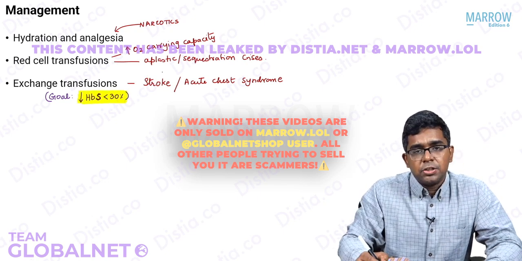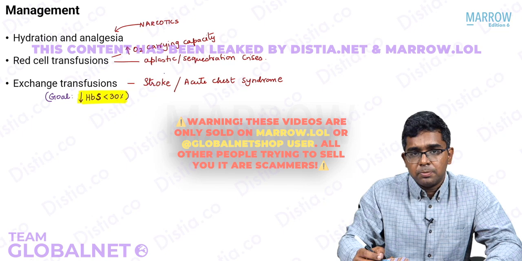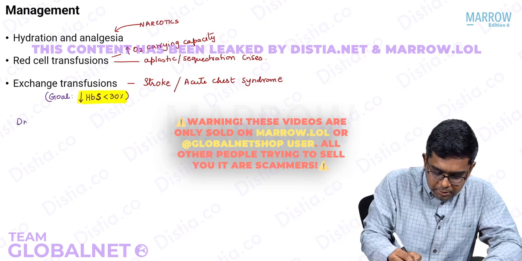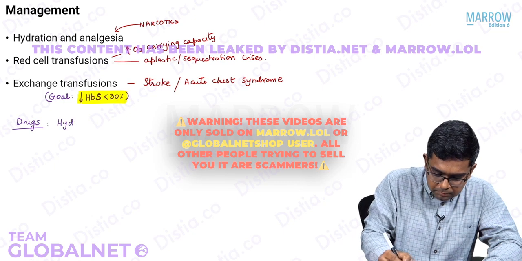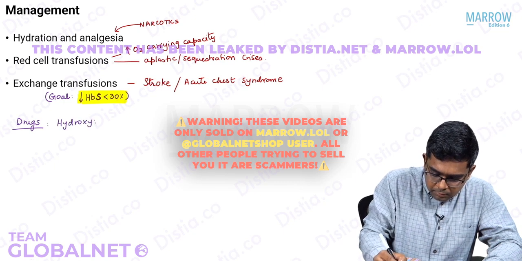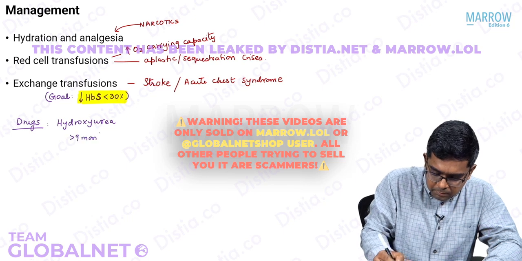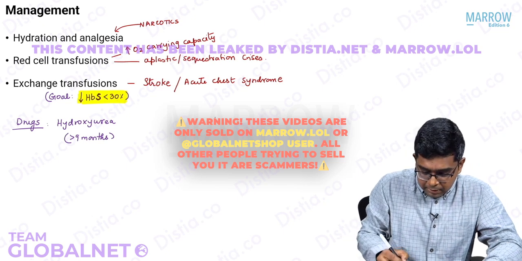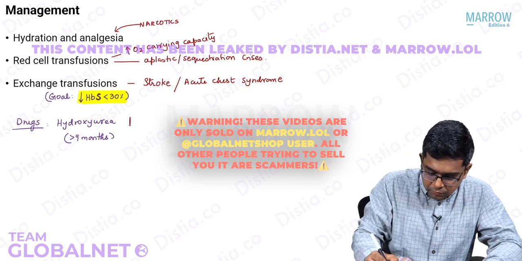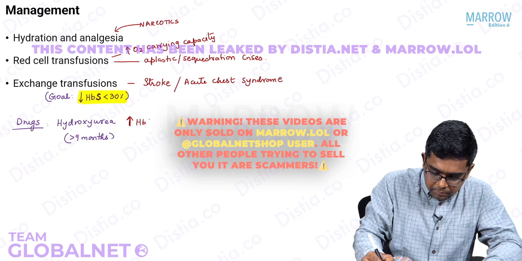There are some medications which can also be helpful in the management. Number 1 is hydroxyurea, which is usually started in children more than 9 months of age. The role of hydroxyurea is that it increases the levels of HbF in the body. What is the role of this HbF?